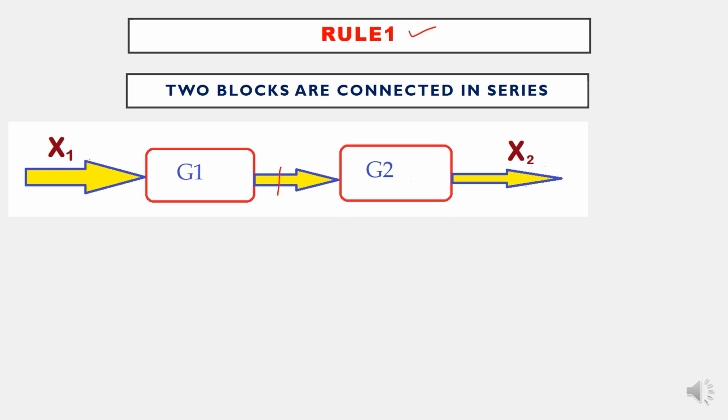So what is the value of the output of the first block? X1 into G1. Now what is the value of the signal X2? X1 into G1 into G2. So when two blocks are connected in series, the resultant block is the multiplication of the two blocks G1, G2.